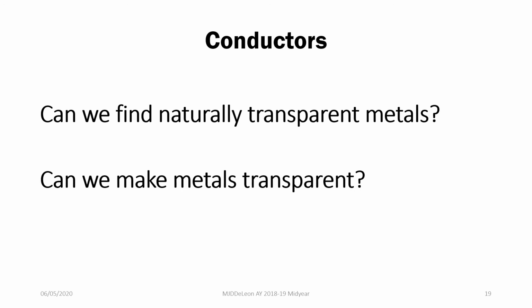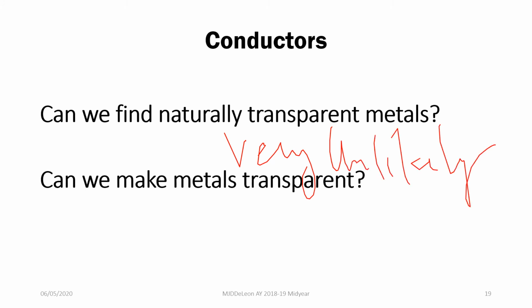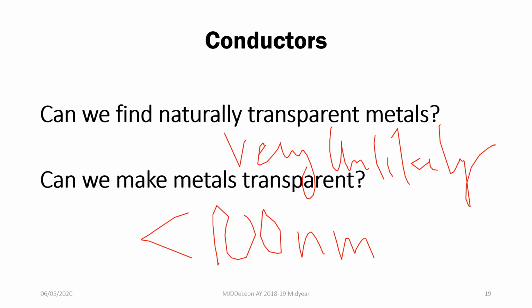So due to the band structure of our metals, they are very liable to absorbing all wavelengths in the visible light, which makes finding naturally transparent metals very unlikely. Though we can actually make metals transparent, but we need to make them extremely thin. So we usually have around less than 100 nanometers para magkaroon tayo ng degree of translucency or transparency in our metals.